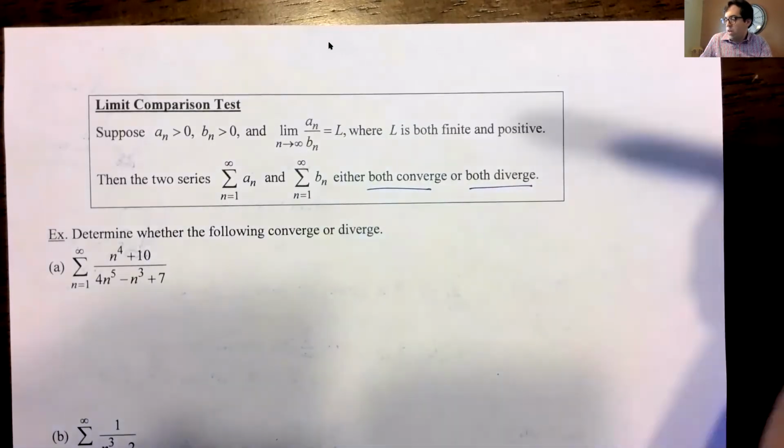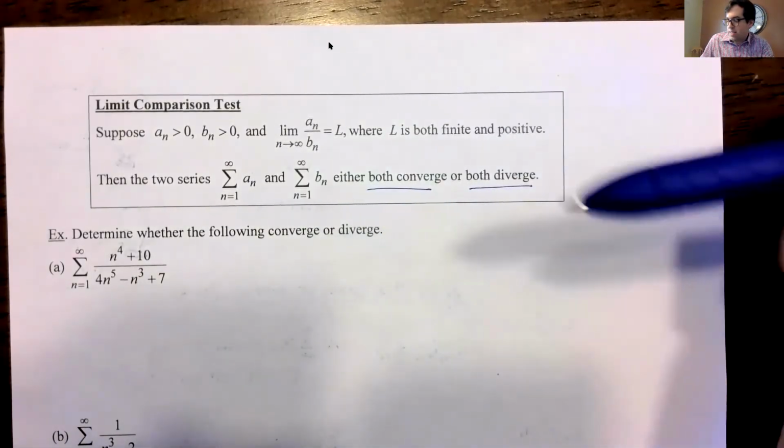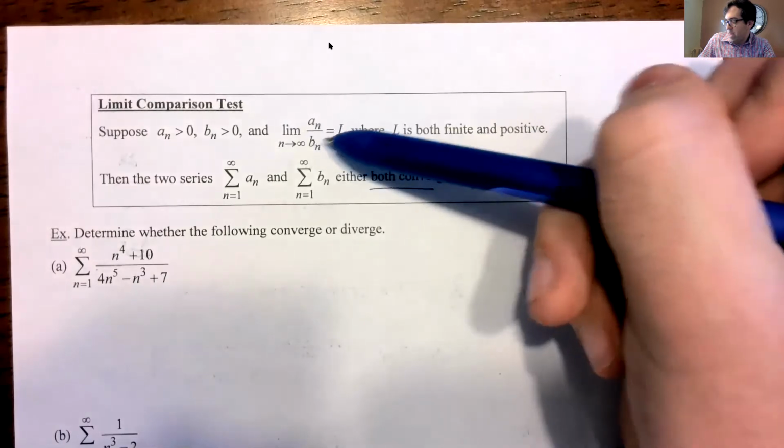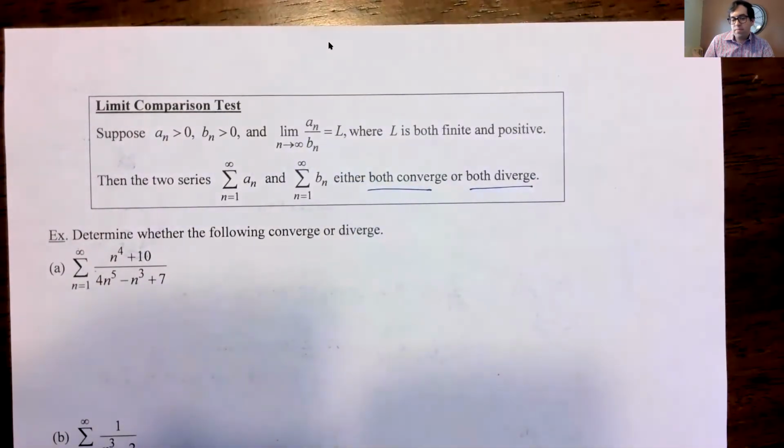Now, we know from limits at infinity that if we divide and get some constant, what that usually means is that the numerator and the denominator are growing at the same rate. It's when the degrees are the same, right? When the exponents are the same. So if we had x to the fourth on top and x to the fourth on the bottom, we would divide the coefficients and get some constant as what our limit is approaching.